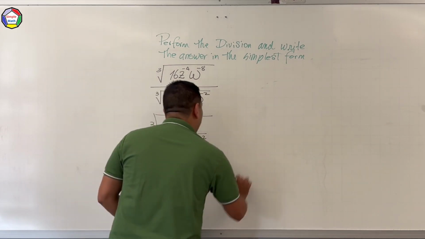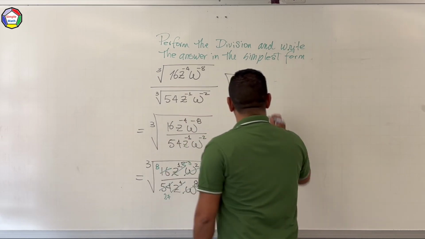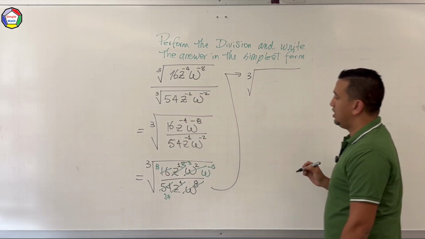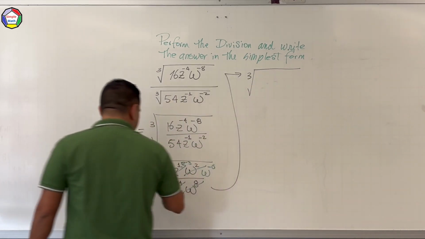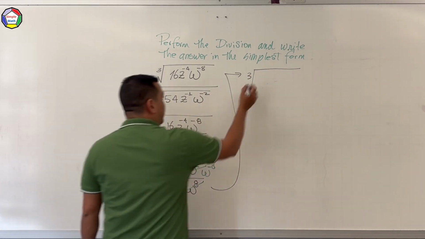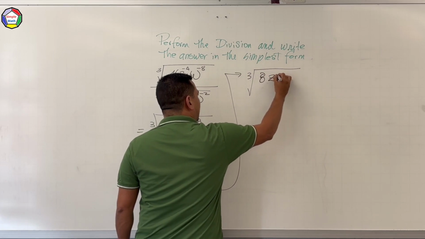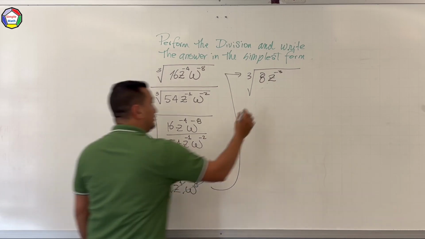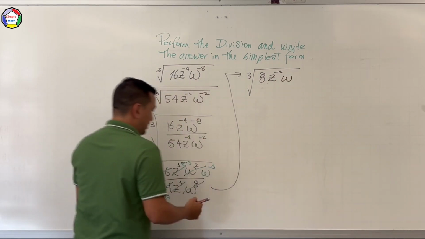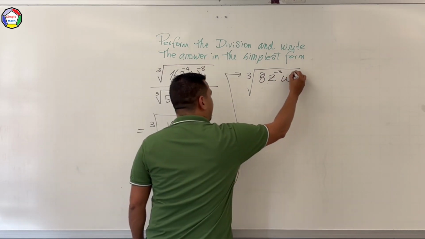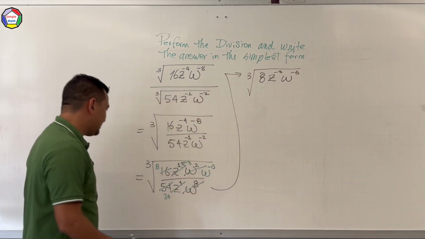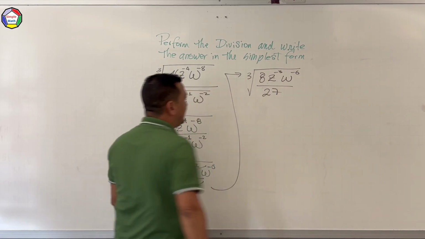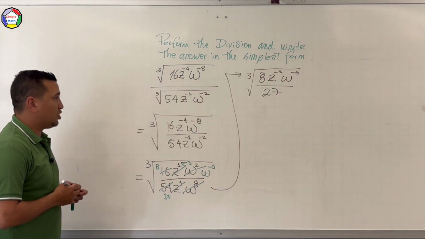So let's continue here in this space. I still have the cube root of 8 times z to the power of negative 3, times w to the power of negative 6, and down I have 27. Yes, this is the situation so far.